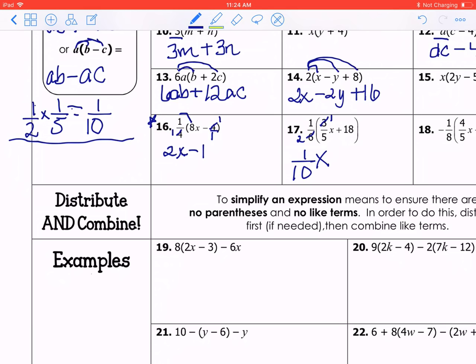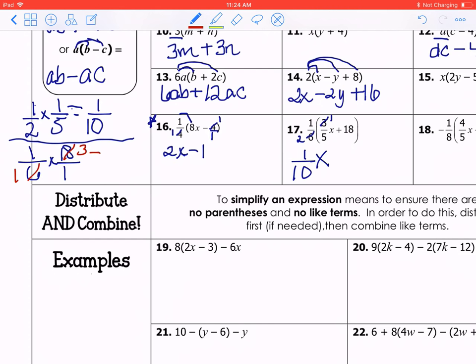Okay, I'm going to do the same thing with the fraction again. It's 1/6 times 18. If it's 18 as a whole number, you're going to put a 1 underneath it. Cross cancel. 6 goes into itself 1 time. It goes into 18 3 times.